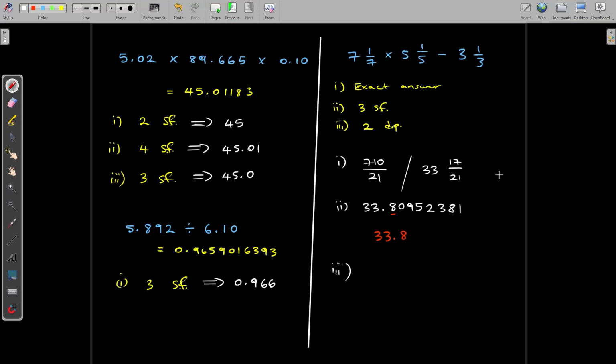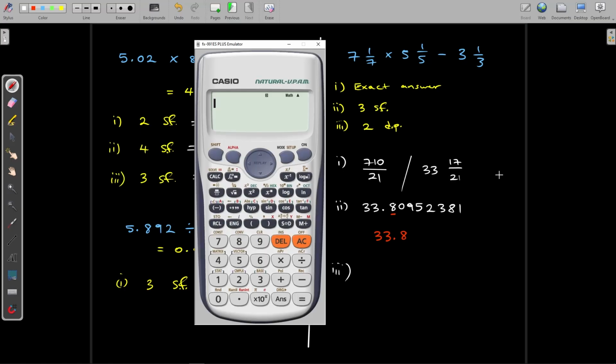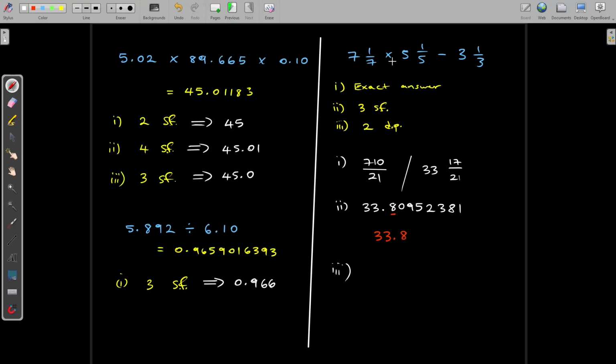Sir, I fixed it and it's still not working. When you're putting in the fraction, Kai, change them to improper fractions. So this one would be 50 over 7, 26 over 5, and 10 over 3.